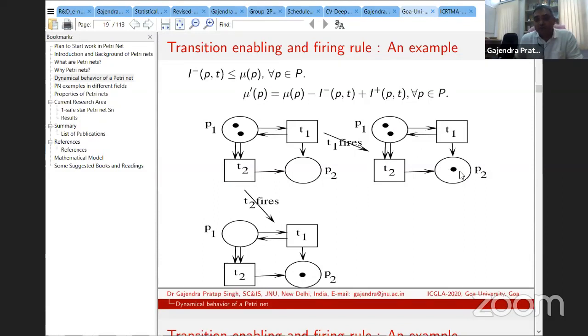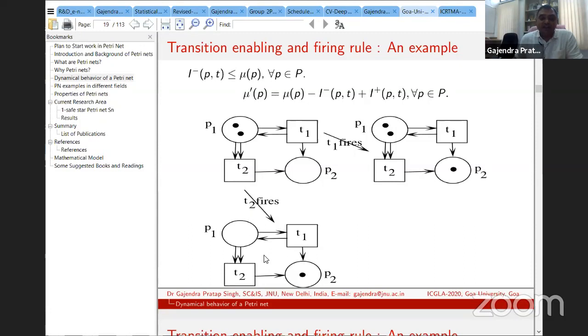For place P2, the number of tokens before firing is 0. 0 plus 1, since there is no arc from P2 to T1, means the token count is 1.